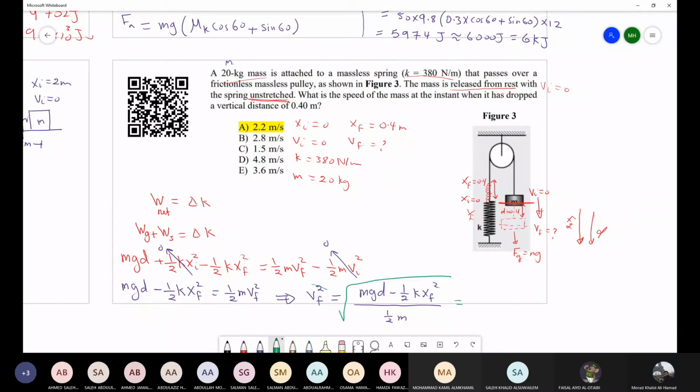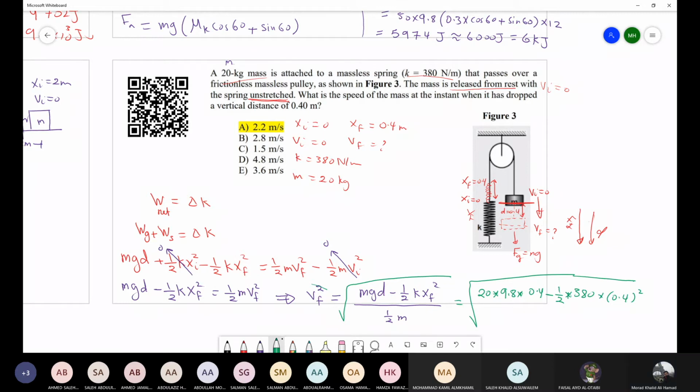Okay? If you calculate this one, square root of mass 20 times 9.8 times d 0.4 minus 1/2 times k 380 times x final 0.4 squared.